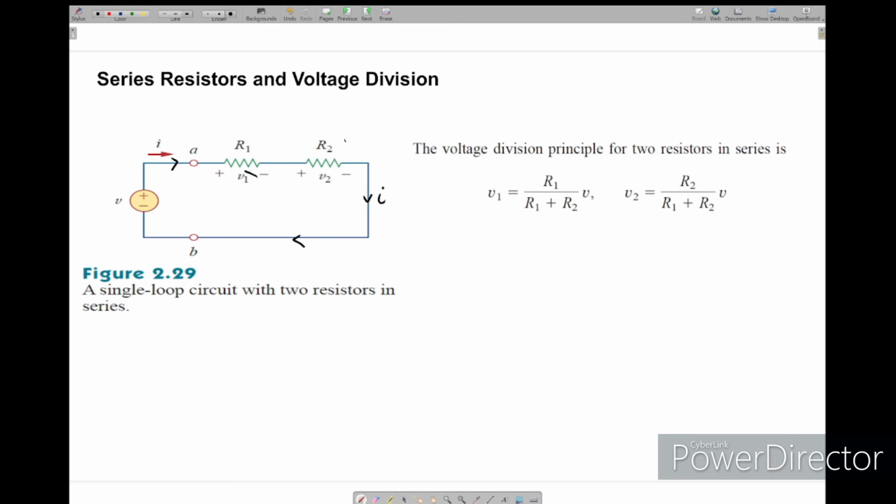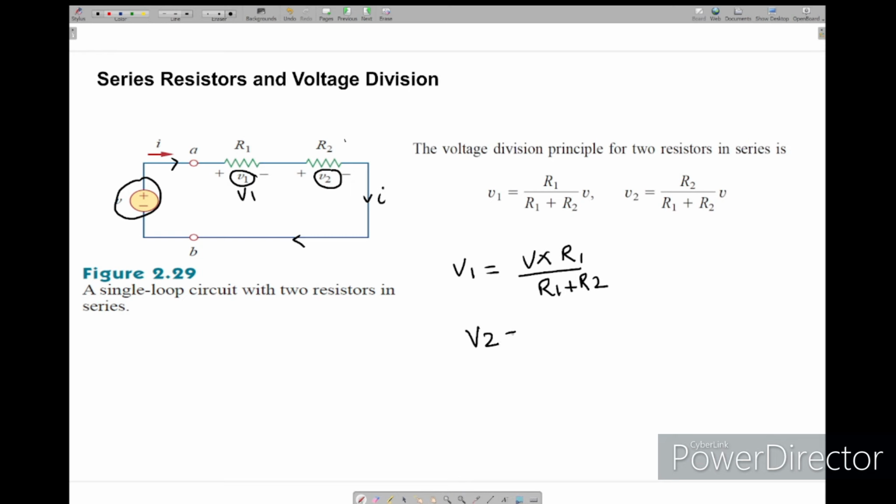This is also I. So if you want V1 and V2, how we can write is, V1 equals the full voltage source multiplied by R1 divided by the sum of the resistance values R1 plus R2.